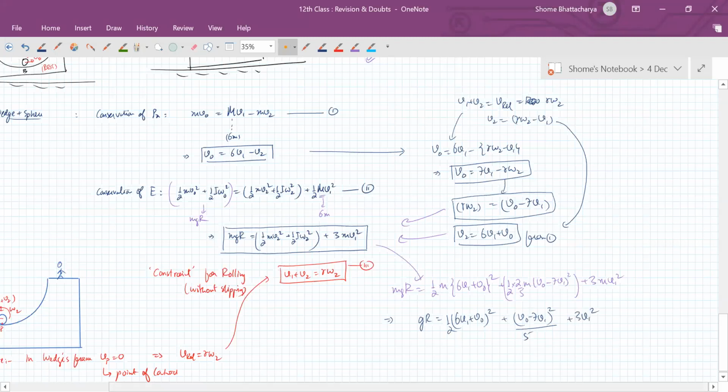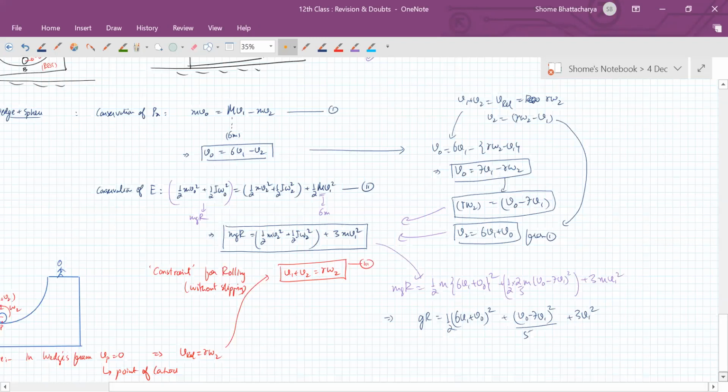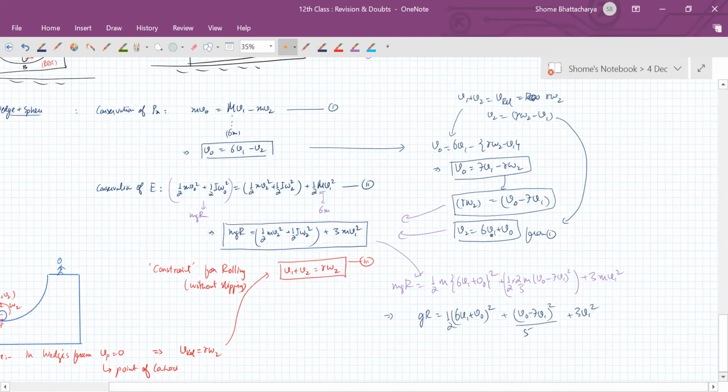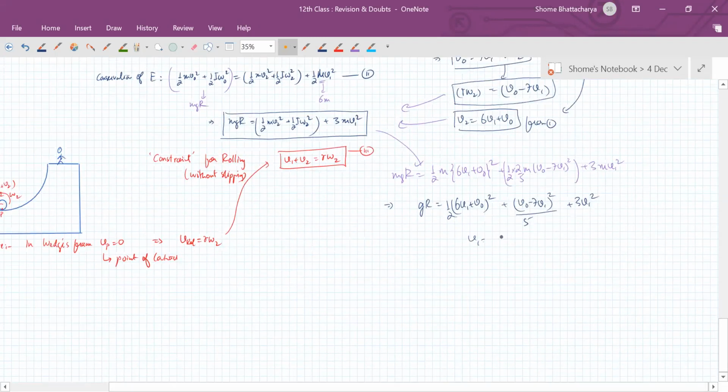So what you do here is you take v1 as the unknown variable x and solve this as a quadratic equation. And that v1 will be the maximum speed of the wedge.